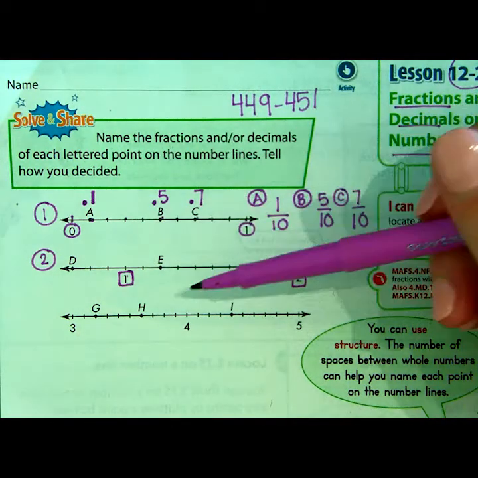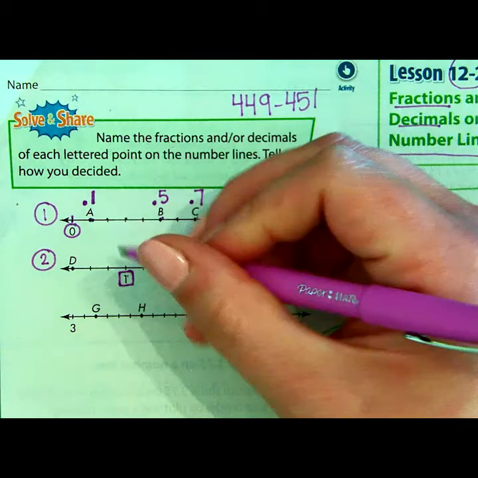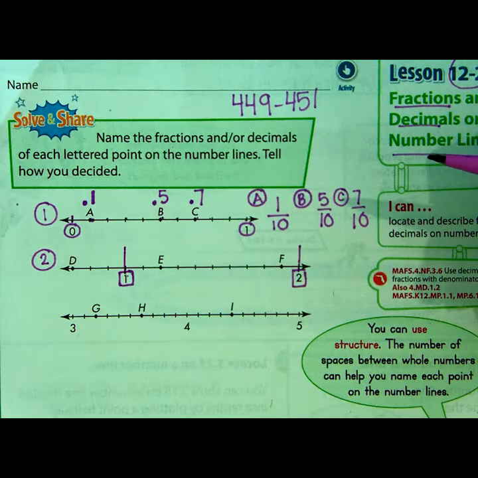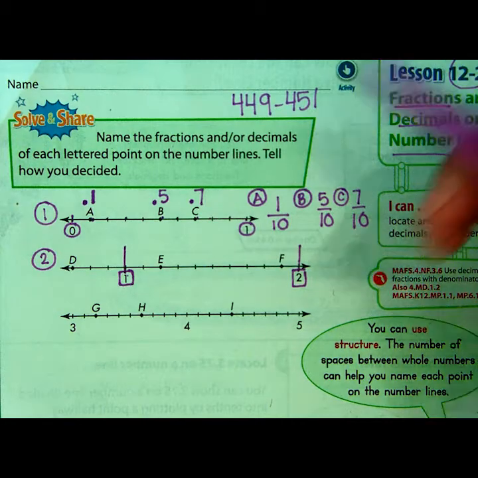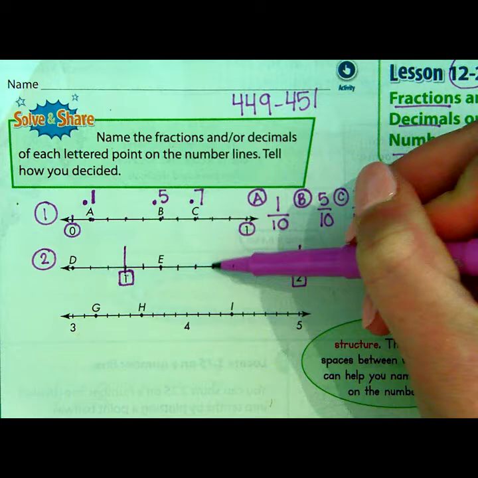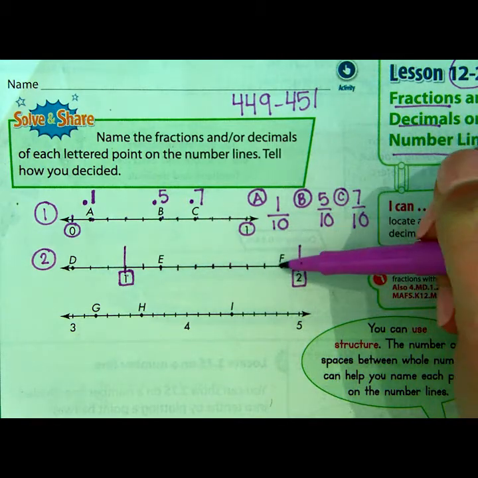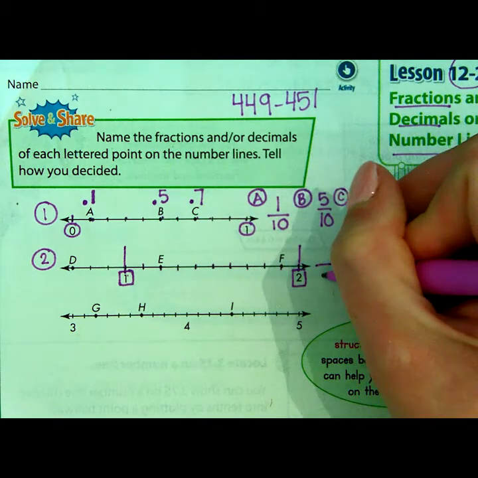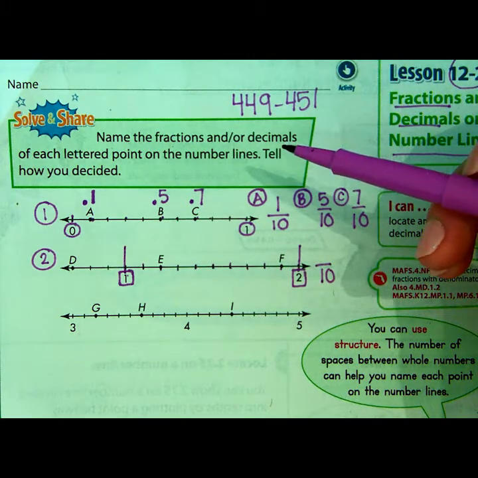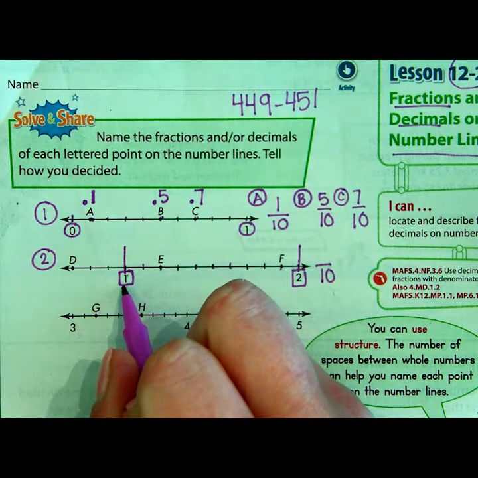And I'm going to count the number of marks between this whole number and this whole number to see how many equal parts they've divided it into. So I see 1, 2, 3, 4, 5, 6, 7, 8, 9, and 10. So we are still working with tenths. That's excellent. So now I can see that this is the whole number 1.